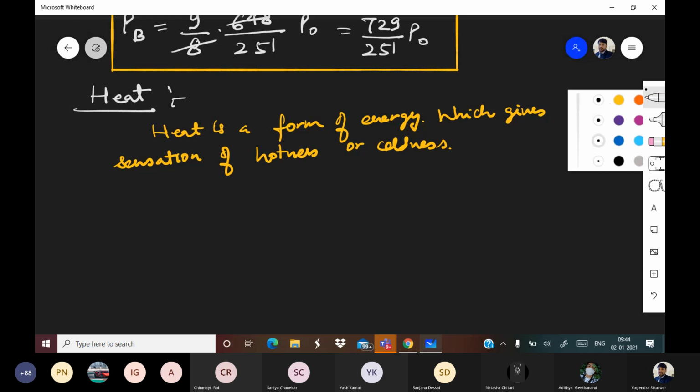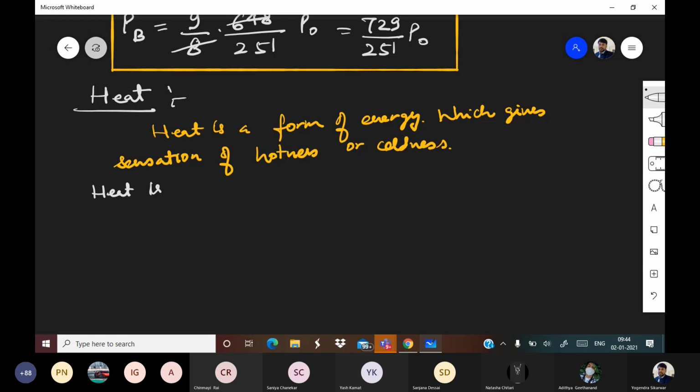Heat is a scalar quantity. The SI unit is joule.